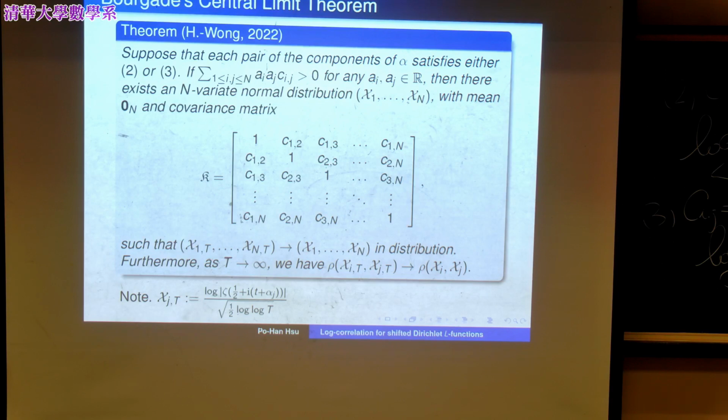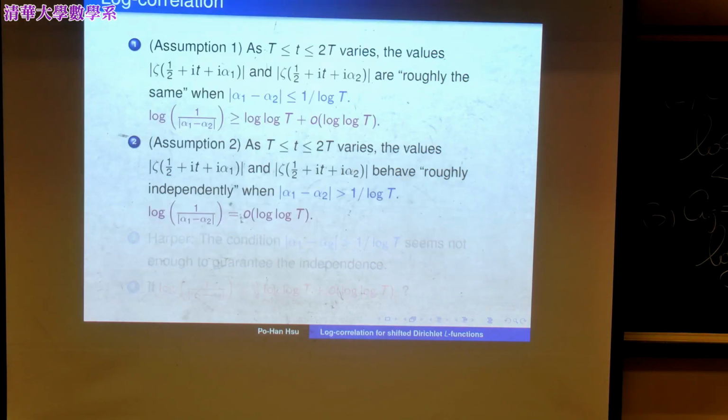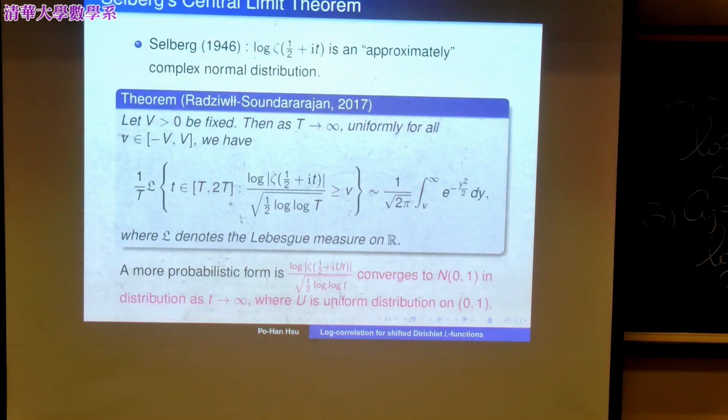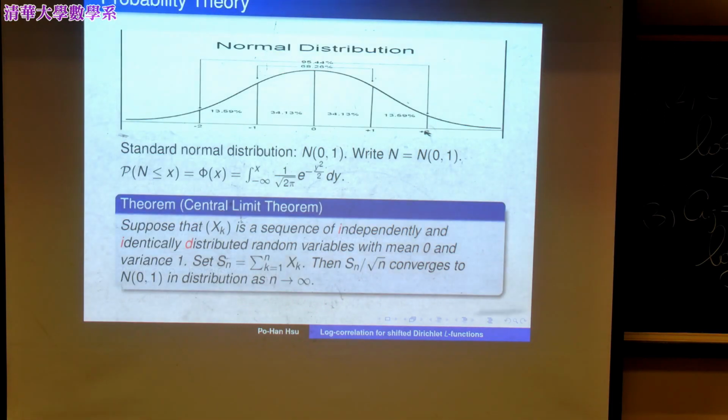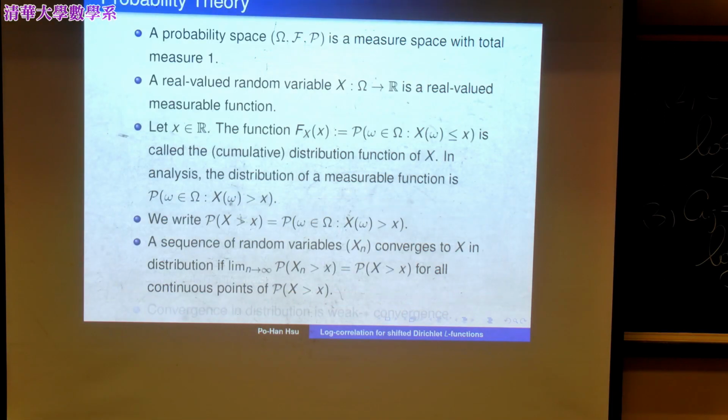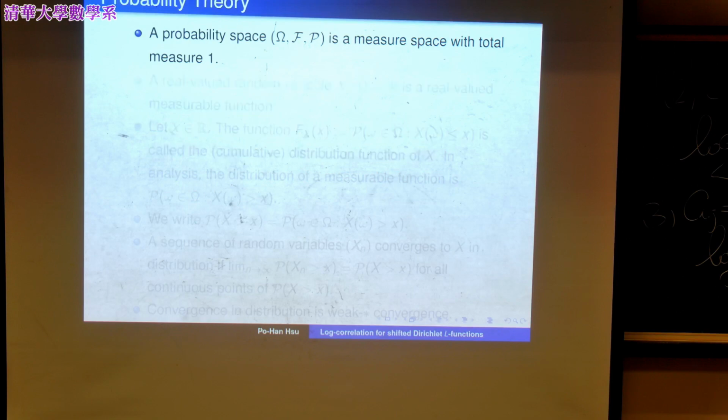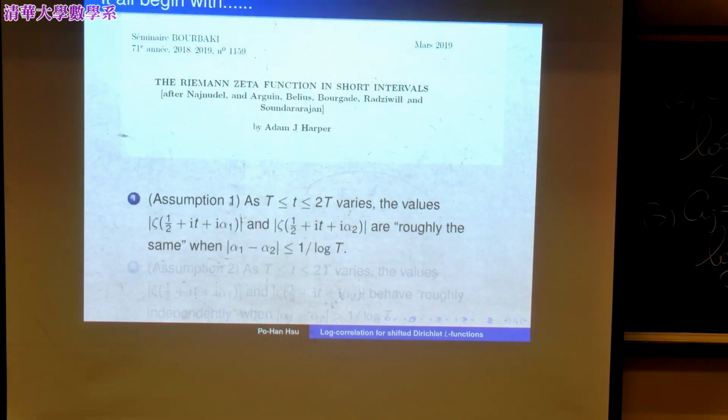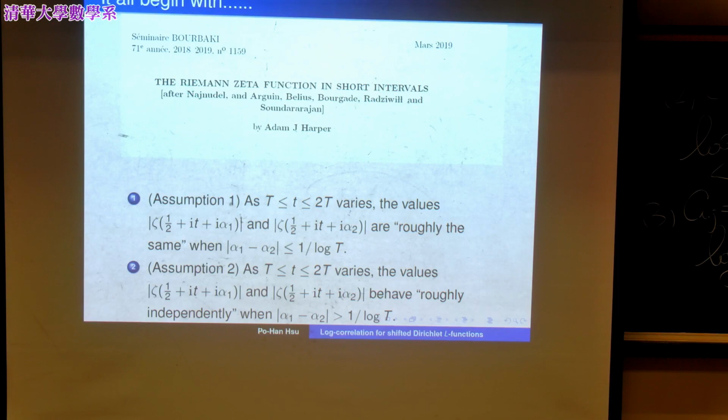So I have two questions. My first question is regarding your motivation, which comes from two assumptions of Harper. I was wondering, in Harper's Bourbaki seminar paper, what's the conclusion after the two assumptions? Oh, actually, the purpose of those assumptions is to introduce their studies.